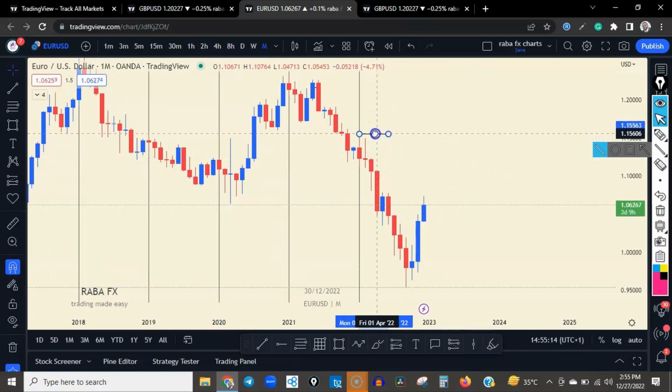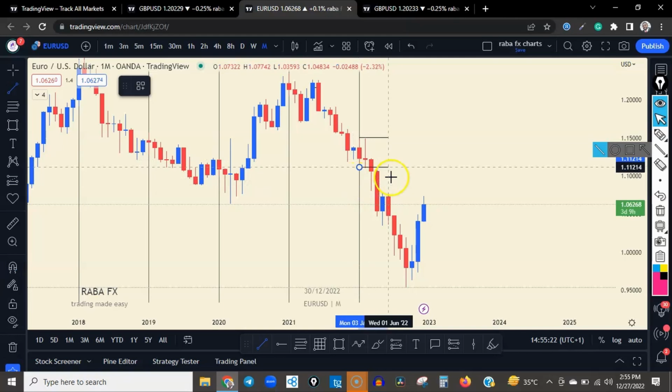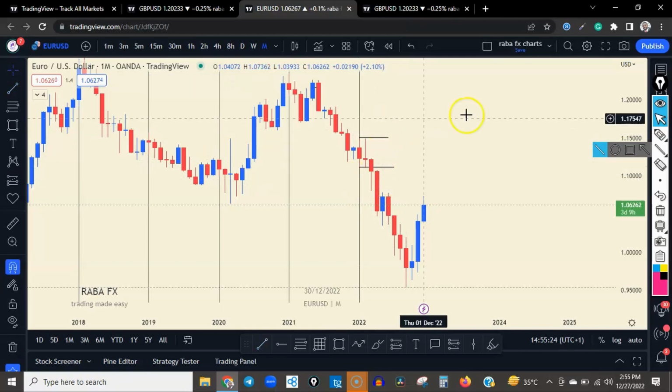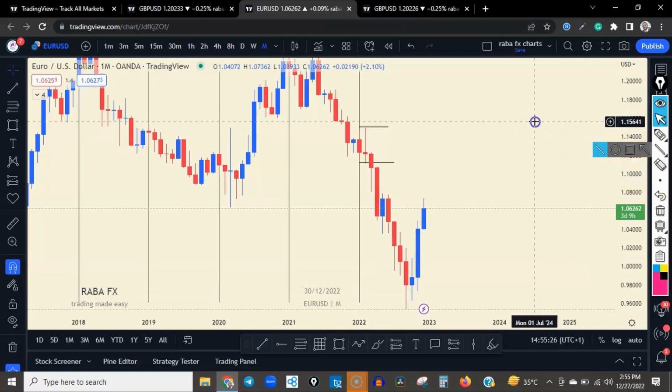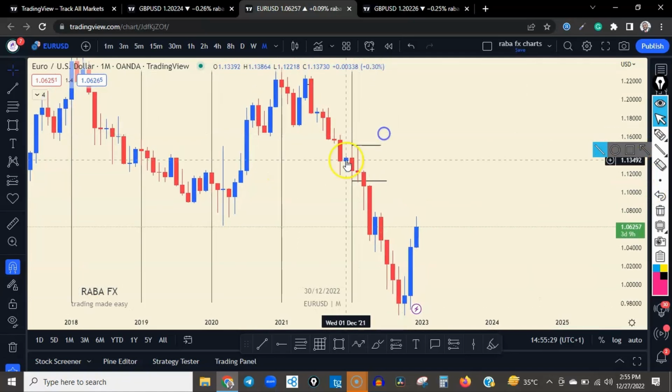January, February was the highest in this case, and the lowest was January. In this case, you see the January, February candles have printed. So in the month of March, we have a break below.